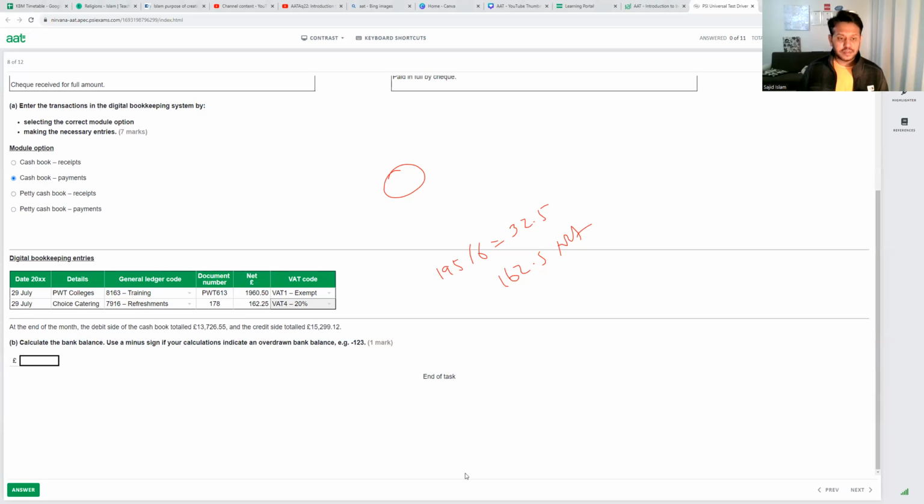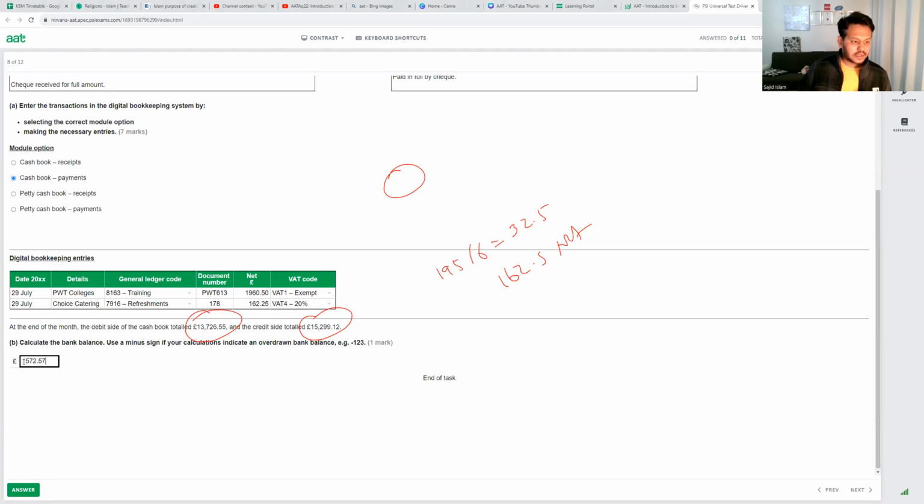So let's do it. It's very simple, just find the difference between these two. So 15,299.12 minus 13,726.55. And that gives me 1,572.57.